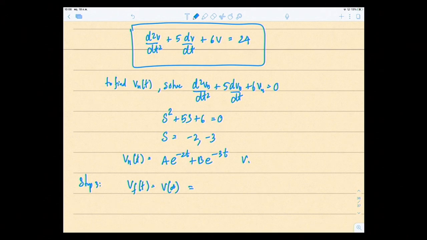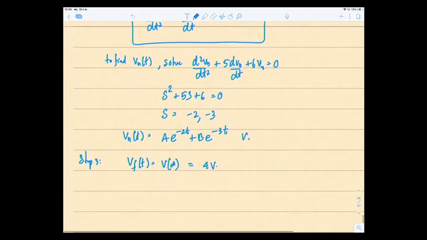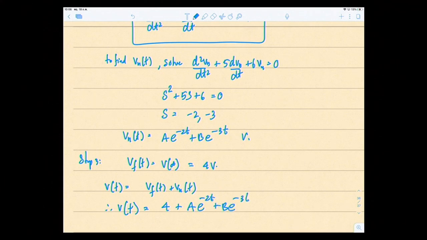So therefore it's equal to 4 volt. So at the end your answer is V of t equal to Vf of t plus Vn of t. So therefore your V of t is equal to 4 plus a e to the minus 2t plus b e to the minus 3t volt. So this is your general solution.